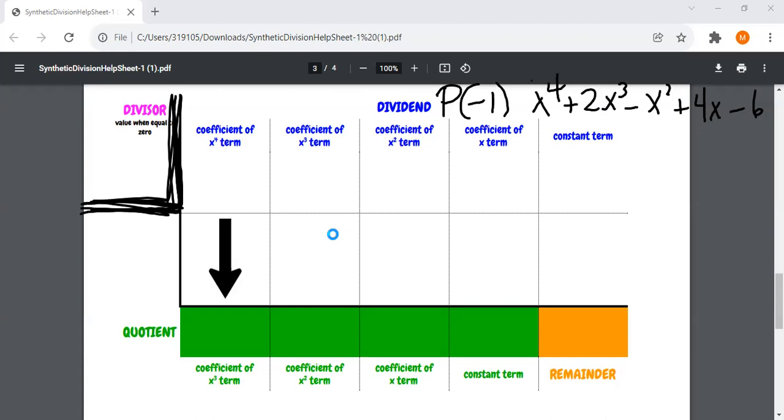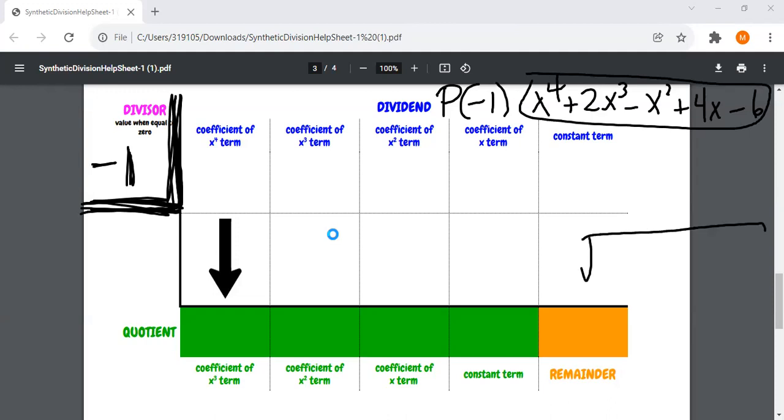Oh, it's -1. Think of it like regular division: whatever goes on the outside is not part of the big thing. In regular division, you have the house and then you have the outside. So they're separate, just like in this case. Might not be what we're used to seeing, but it's still the same kind of thing.